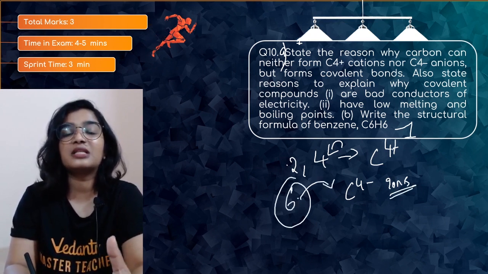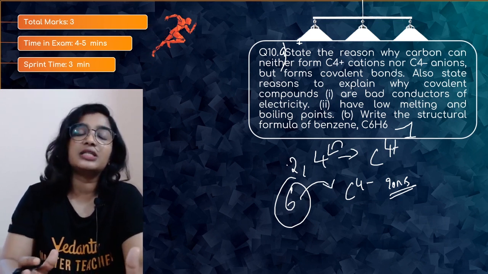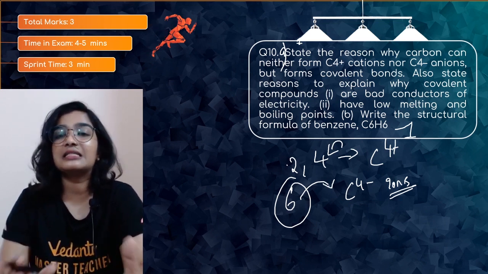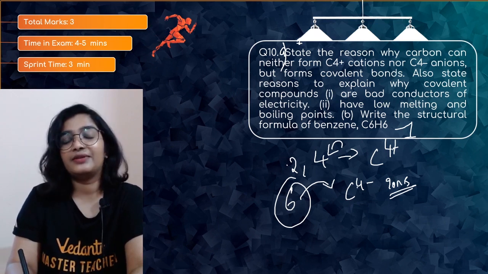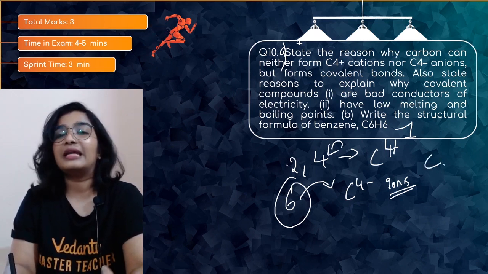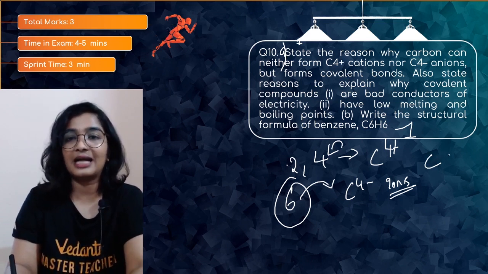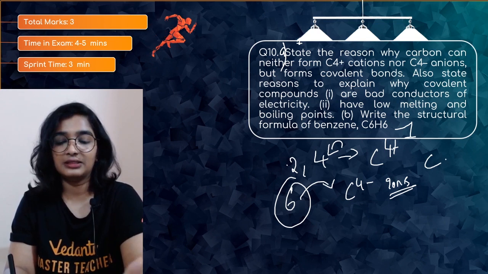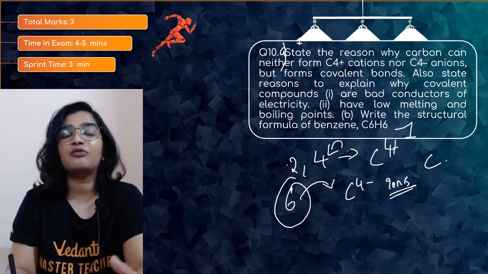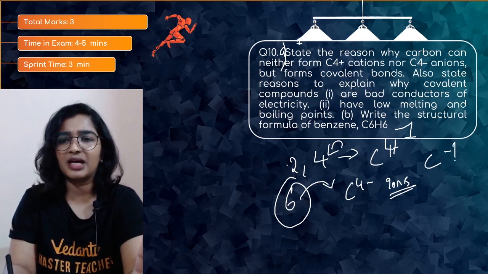You can't expect 6 protons to hold on to 10 electrons. So obviously that will become highly unstable. So for these reasons, carbon does not lose or gain electrons, but rather shares the electrons with other atoms or other carbon atoms, and forms covalent bonds. So here you get 1 mark.